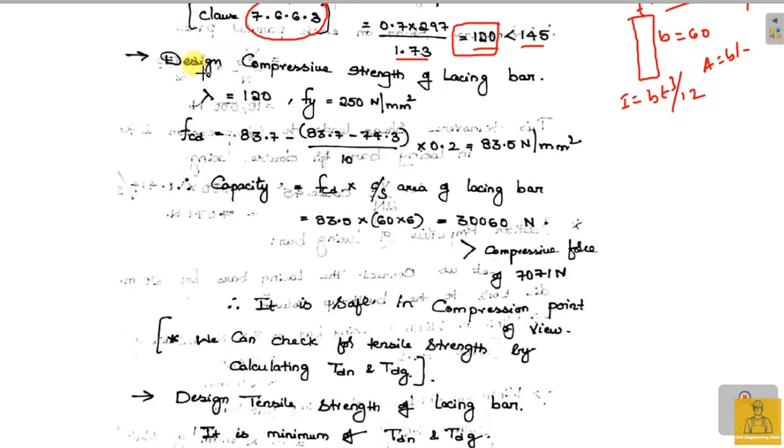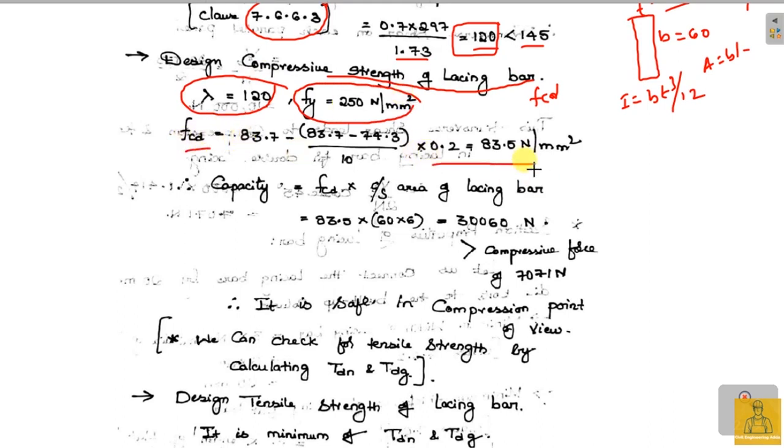Now find out the design compressive strength of the lacing bar, that is FCD. We found the FCD of the built-up column section, but here we are talking about the FCD of the lacing bar only. Since we know the slenderness ratio of the lacing bar and the grade of steel, you can find the FCD from the code book.